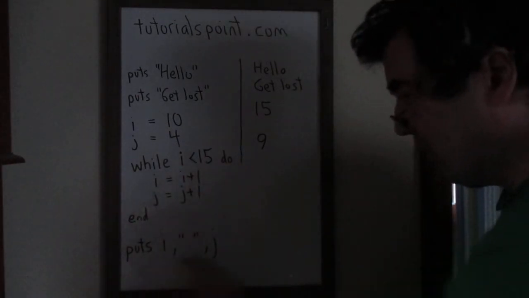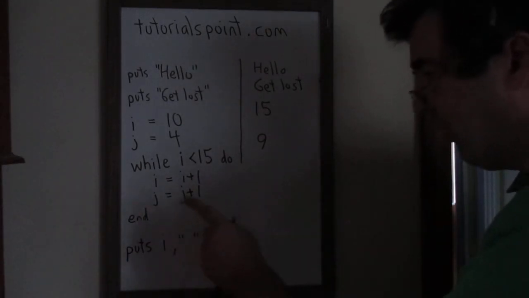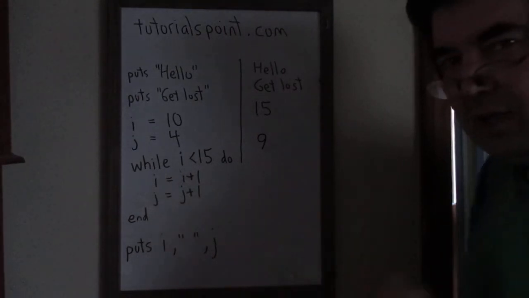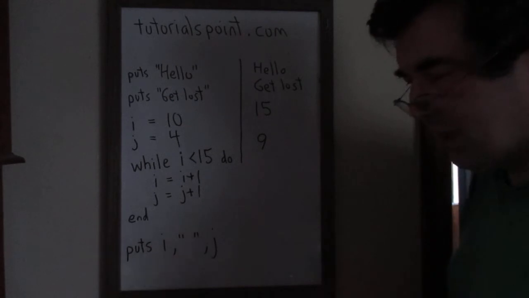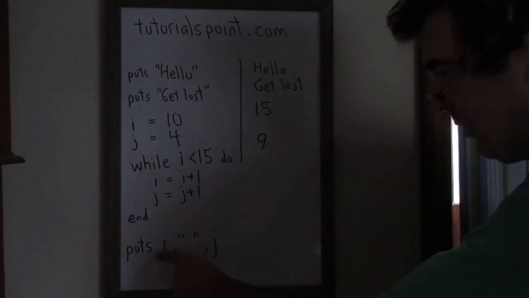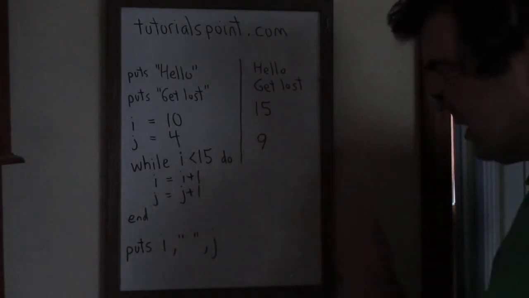And then when the program is finished, again, this is a print statement. Print whatever the final value of i is and the final value of j is, so I can see if my code is doing what I think it should be doing. And it prints out 15 and 9. It prints out i, which is now 15.